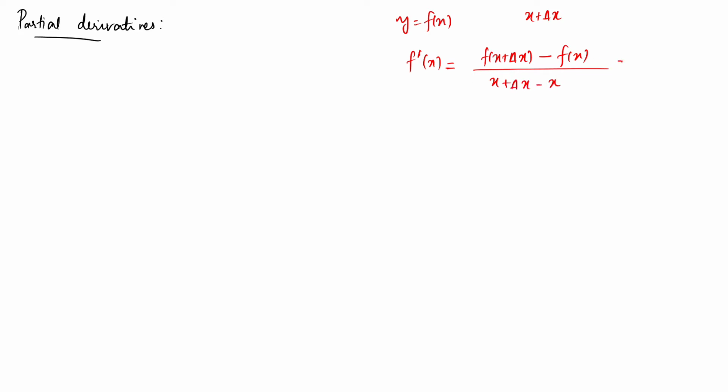So this is simply f of x plus delta x minus f of x upon delta x. As this change is very small, what is happening to this ratio? This is what we mean by the derivative of function f with respect to x. We also write this as dy upon dx.